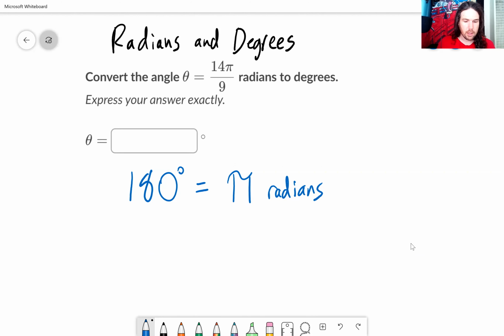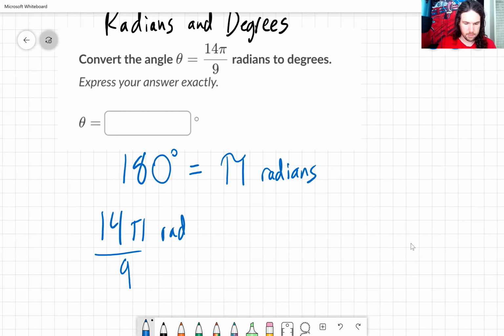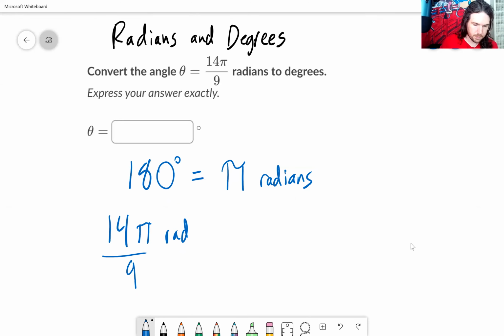Okay, so we have 14 pi over 9 radians, and I want to get degrees instead.